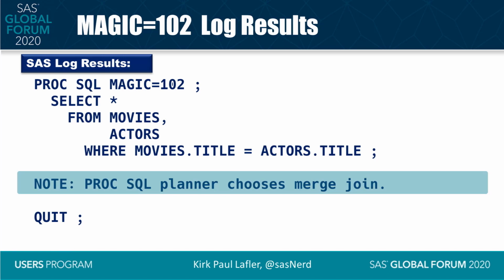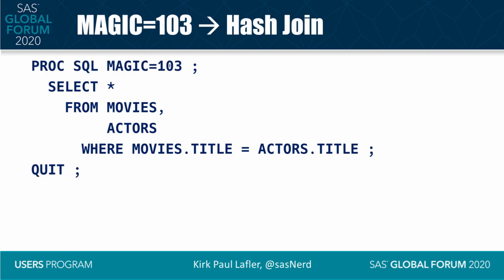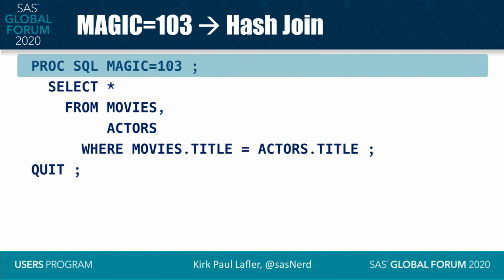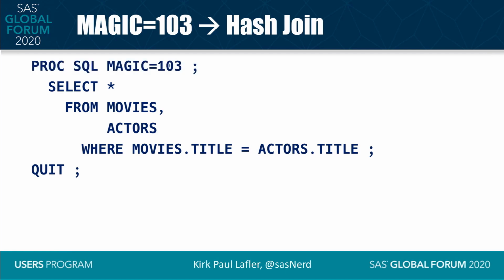The third magic option is 103 for hash join. When we specify MAGIC equals 103 on the PROC SQL statement, essentially what we're doing is telling the SAS optimizer to perform the join algorithm in memory, at least with the smaller of the tables.